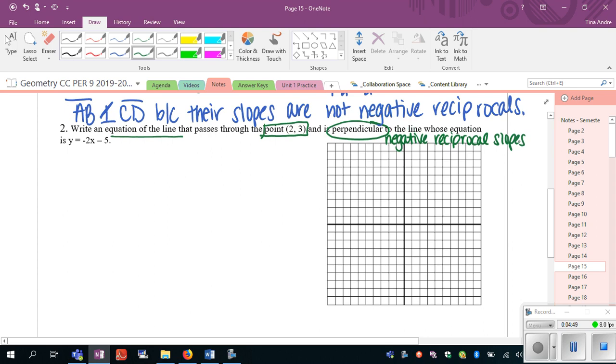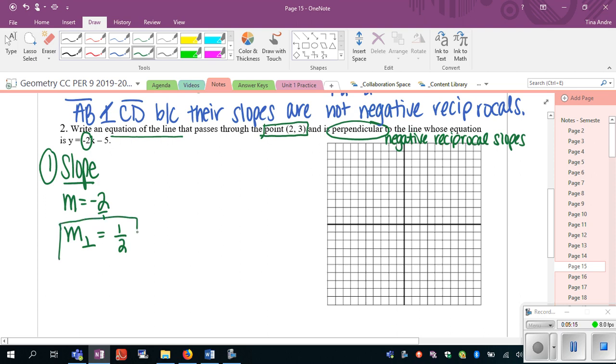So I'm going to first find my slope. The original is already in y equals mx plus b form, so the slope of the original is -2. That means the perpendicular slope, remember that's really like -2/1, means we're going to flip that, so 1/2, and negate it. So the negative times the negative means it's going to become positive. So this is the slope of my new line, the +1/2.